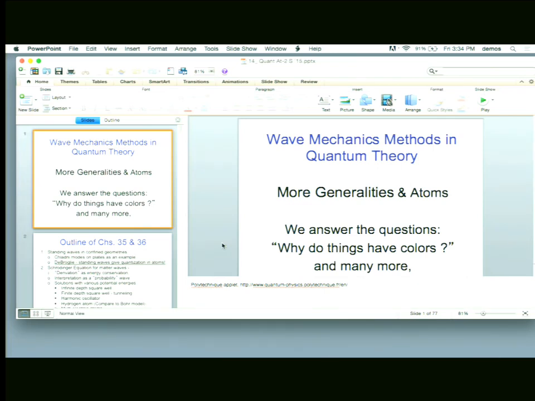In any case, no. So there are various simple rules that we have for dealing with these things. First of all is the idea that, look, what this is is a well, and the electron, or the particle, is bouncing back and forth in this well.